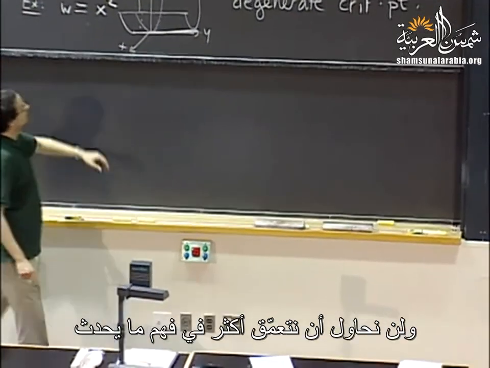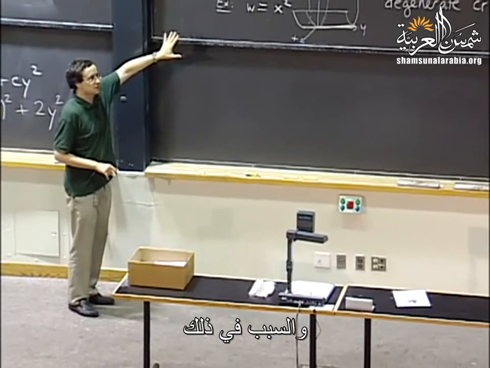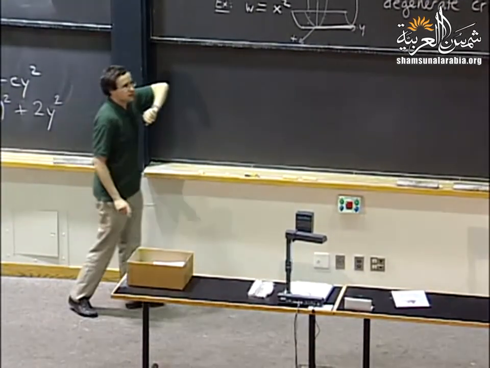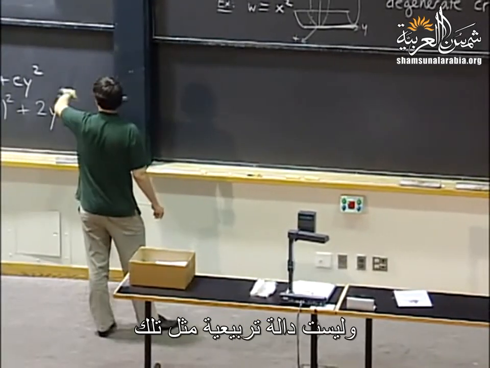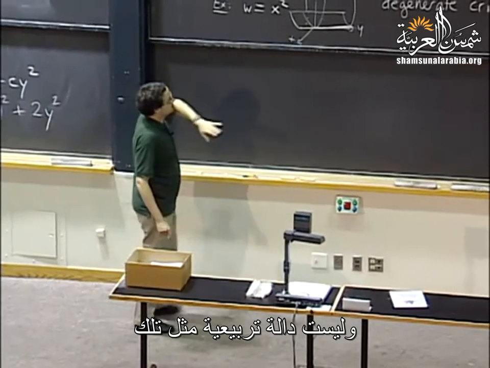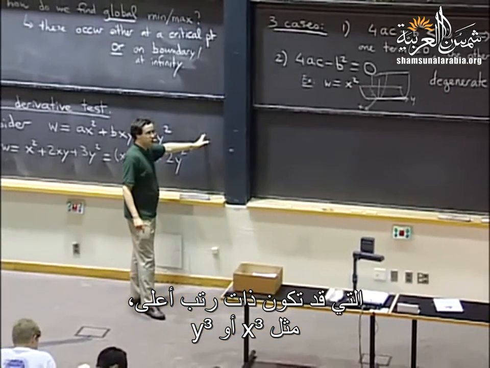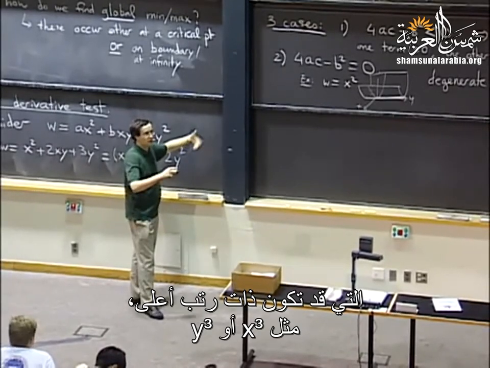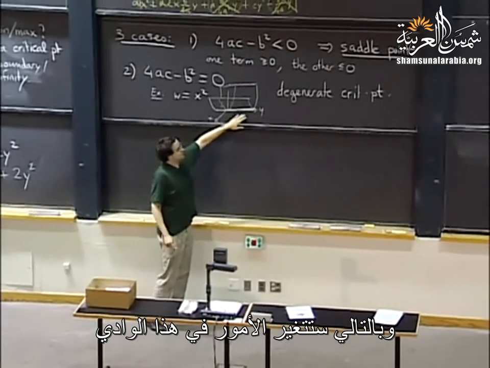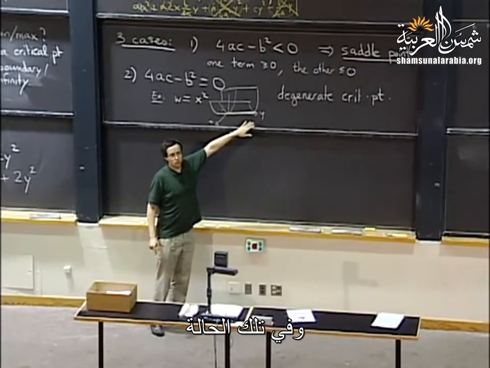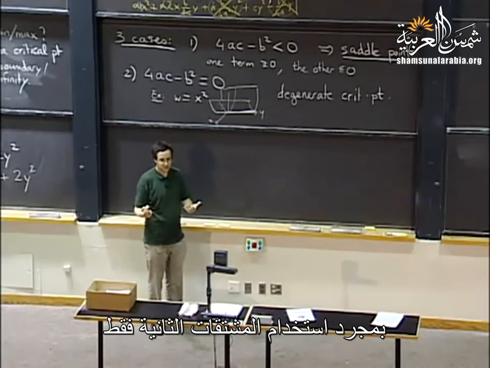We won't try to figure out further what happens, and the reason for that is that when you have an actual function, a general function, not just one that's quadratic like this, then there will be other terms, maybe involving higher powers, maybe x cubed or y cubed or things like that. And then they will mess up what happens in this valley. And it's a situation where we won't be able to tell automatically, just by looking at second derivatives, what happens.